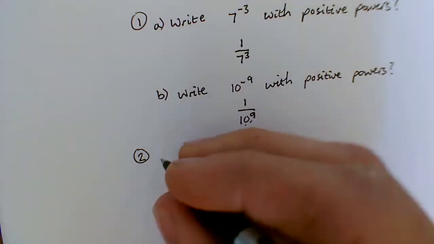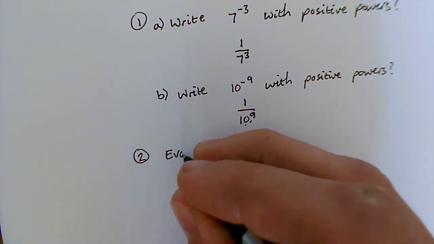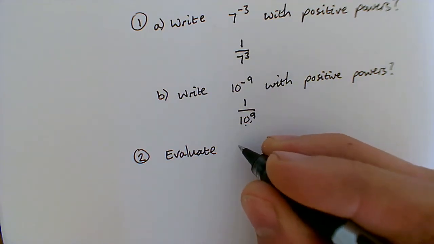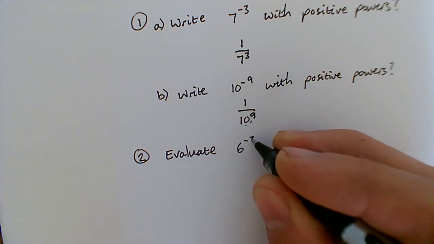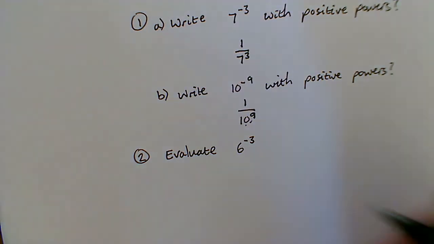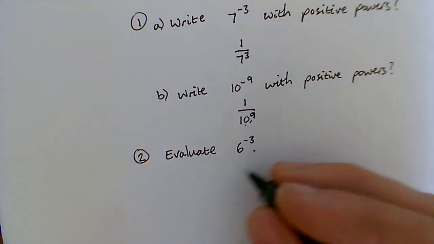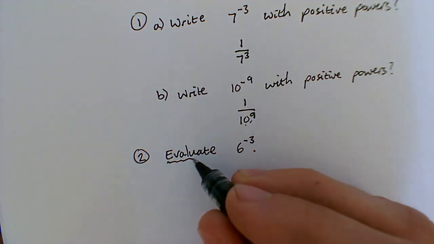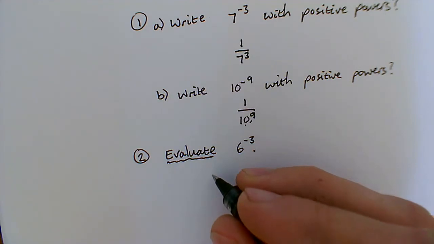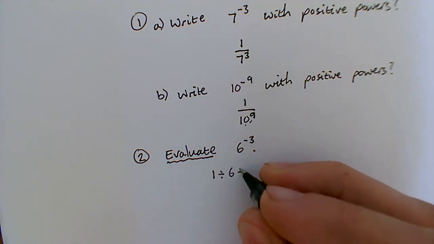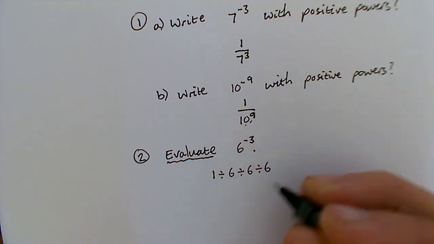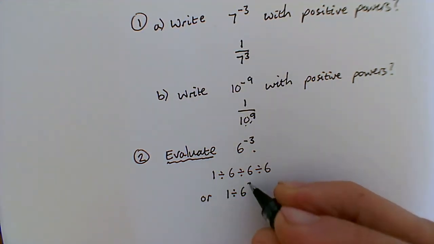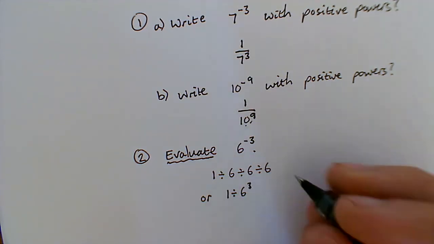Idea number 2 is using that key word I mentioned a minute ago, which is evaluate. So evaluate 6 to the minus 3. Well, this time you could rewrite it as 1 over 6 to the 3, but that's not what we're being asked to do. That word evaluate means we want to do 1 divided by 6, divided by 6, divided by 6. Or you could calculate it as 1 divided by 6 cubed. So that's using our fraction idea.